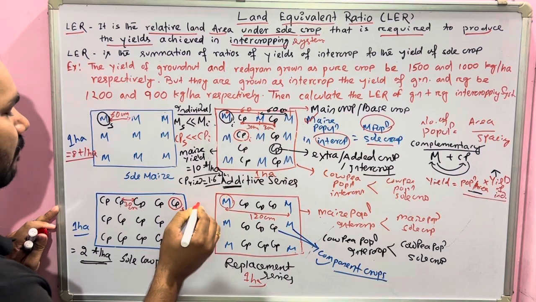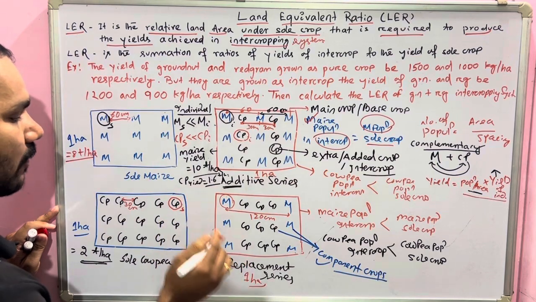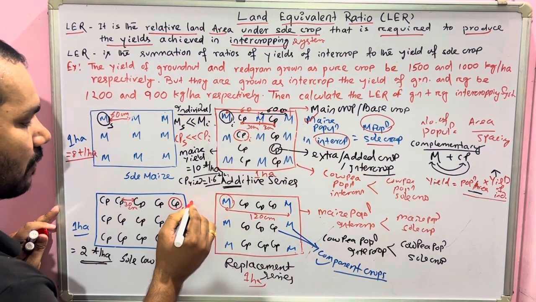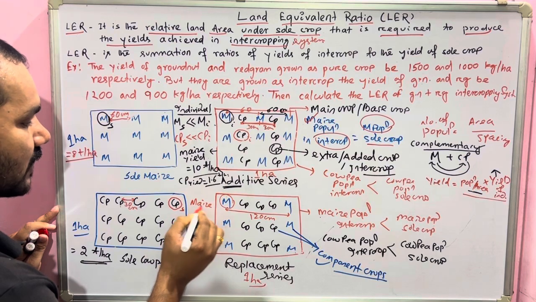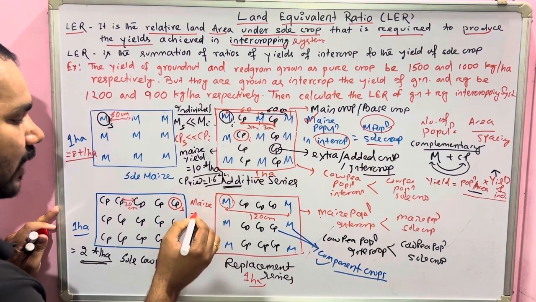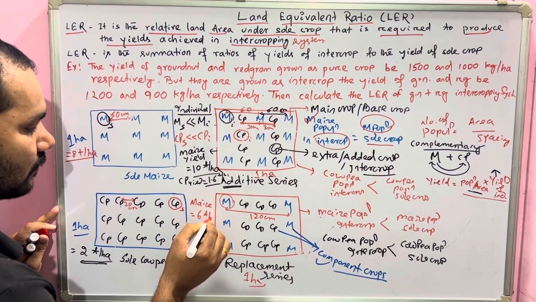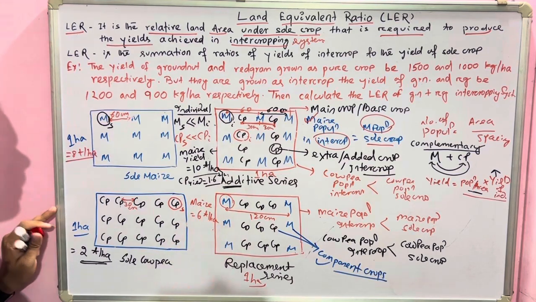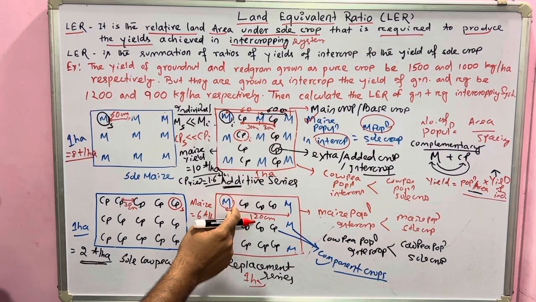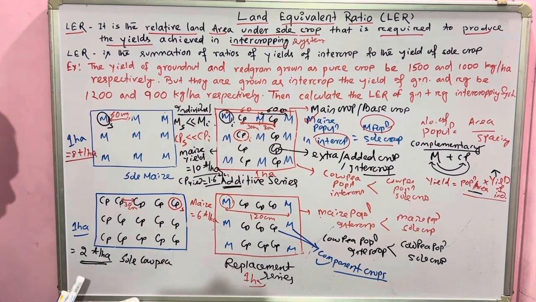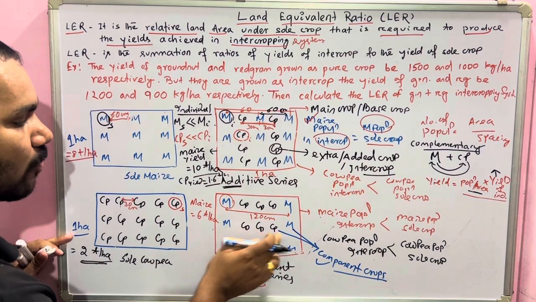So suppose in this 1 hectare of land I am getting less than 8 ton per hectare of maize. Suppose I am getting 6 ton per hectare from this 1 hectare of replacement series. Similarly, what is the cowpea population?